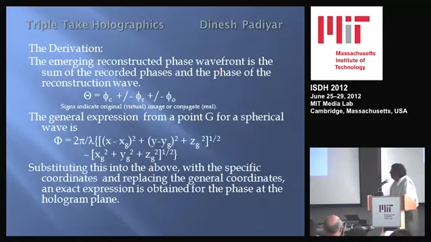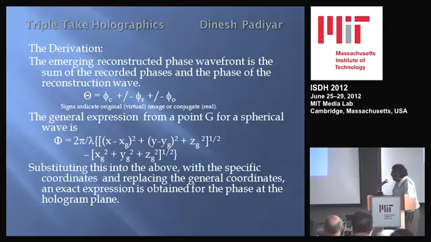The derivation starts by calculating the phase of the actual wavefront coming off the hologram. The wavefront that comes off the hologram is a combination of the reconstruction wave, the reference wave, and the object wave, the original reference and the original object. So if there is a sphere that comes off a point, wherever the plate is, that point of light will create a specific phase at the plate.